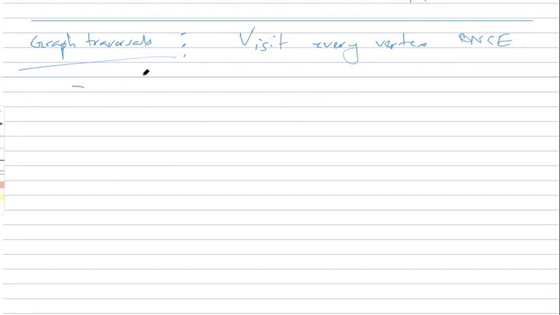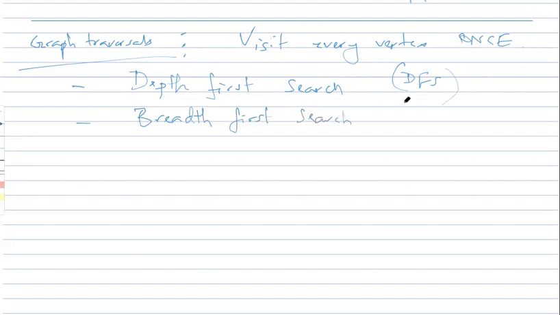And as I was mentioning, there are two ways. One is depth first search, also known as DFS, and breadth first search, also known as BFS. Breadth first corresponds to the level order traversal in a tree.